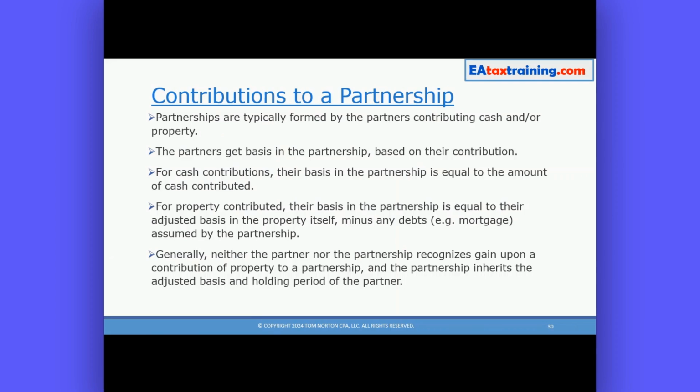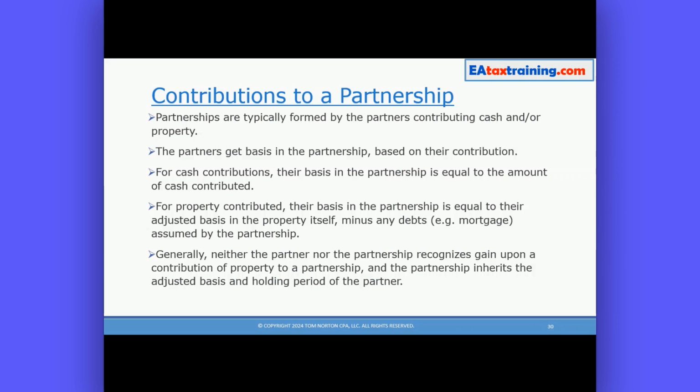So, for example, sometimes a person will contribute a building to the partnership, that's their contribution. Instead of, or in addition to, putting in cash, they will contribute a building. And maybe that building has a mortgage on it that the partnership is now going to assume.